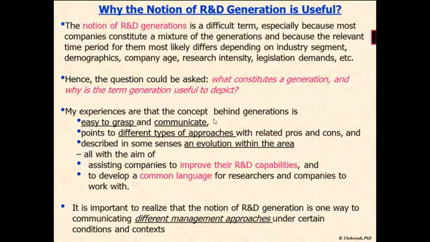They're different, especially because most companies constitute a mixture of generations, and because the relevant time period for these most likely differs depending on industry segment, demographics, company age, research intensity, legislation demand, and so on. Therefore, there's a relevant question here: what really constitutes a generation?